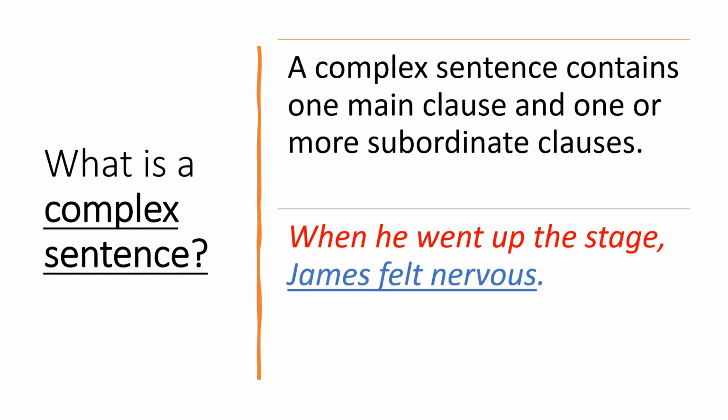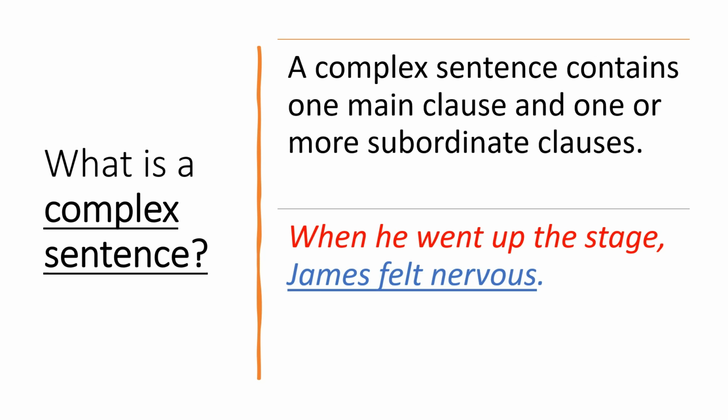Now let's define the terms. What is a complex sentence? A complex sentence contains one main clause and one or more subordinate clauses. For example, when he went up the stage, James felt nervous.